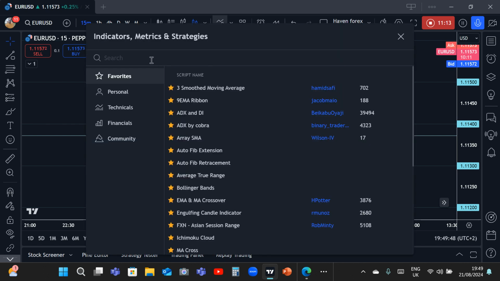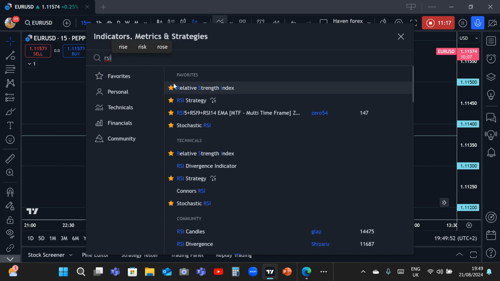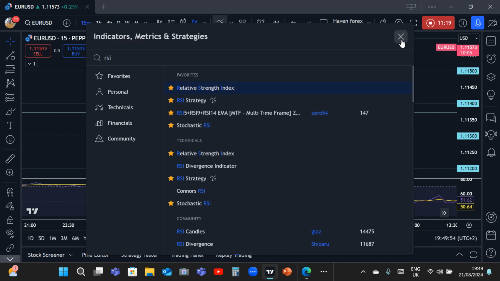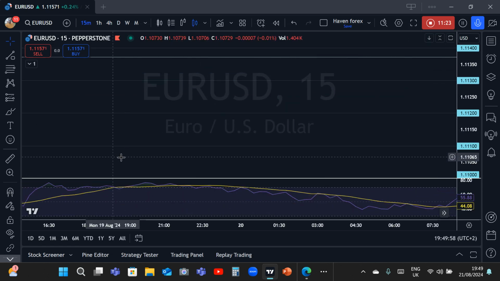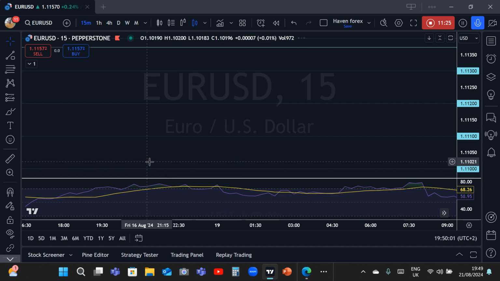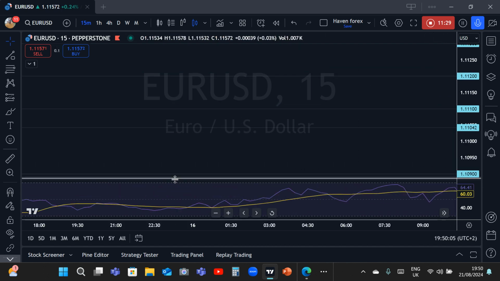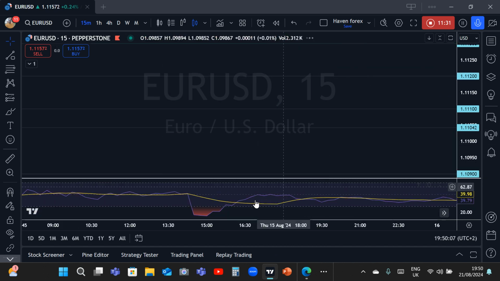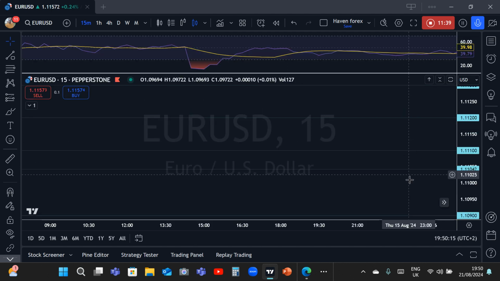Anytime it's below 30, you know that the market is oversold. Once you see that the RSI is below 30, you know that. Look at it here, guys. It's very simple for us to really understand.